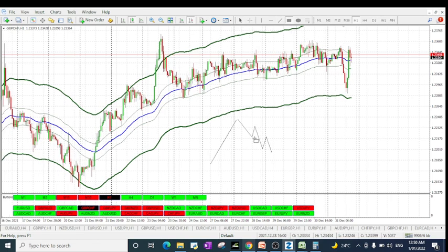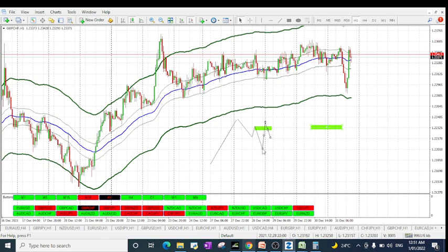So what I'm hunting for is this high to be taken out, or if we haven't developed this one yet, for this one to be taken out. When these haven't happened yet, what I'm looking for is for this leg to come here, take this thing out, then I'll be looking for a small pullback like this.